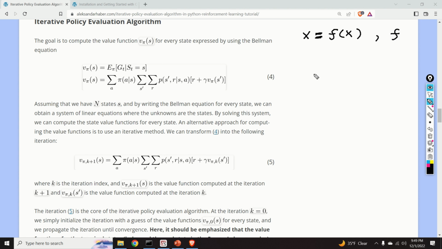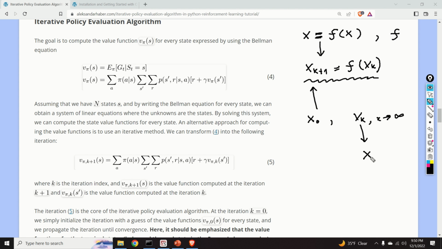Under some mild assumption, we can define the following iteration: x k plus 1 is equal to f of x k. By initializing this iteration with some x0 and by propagating this iteration, the value of x k, when k goes to infinity, will approach the true solution, denoted by x star. Again, here is the idea.